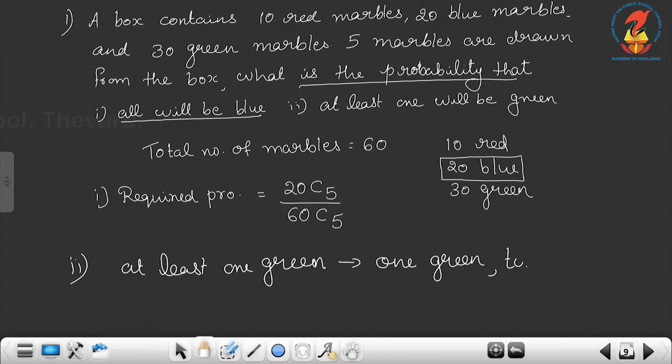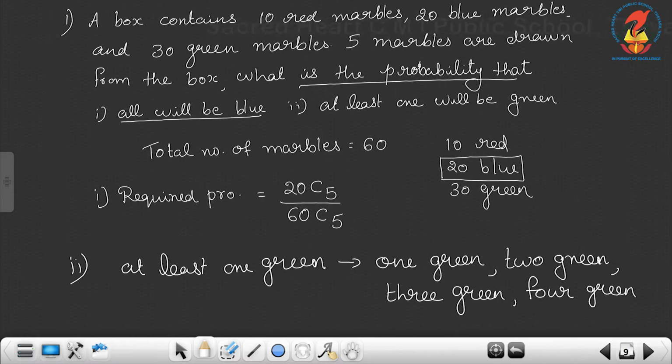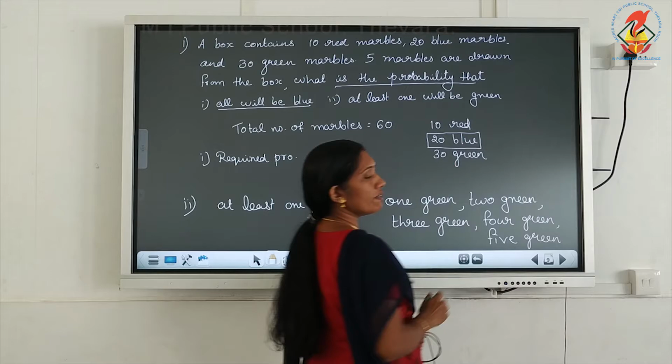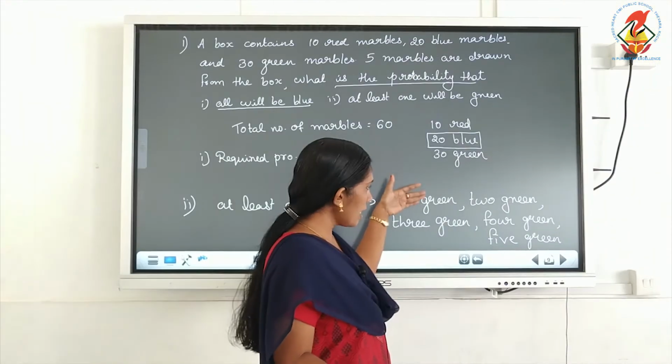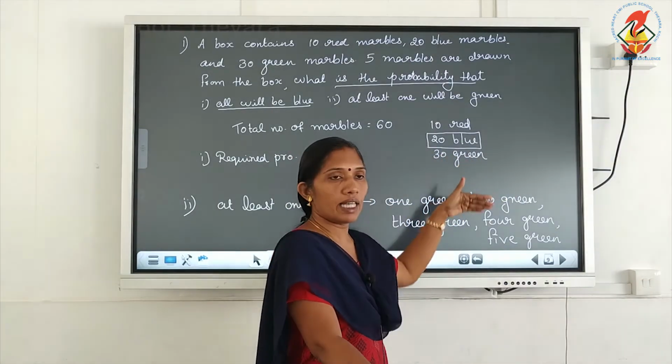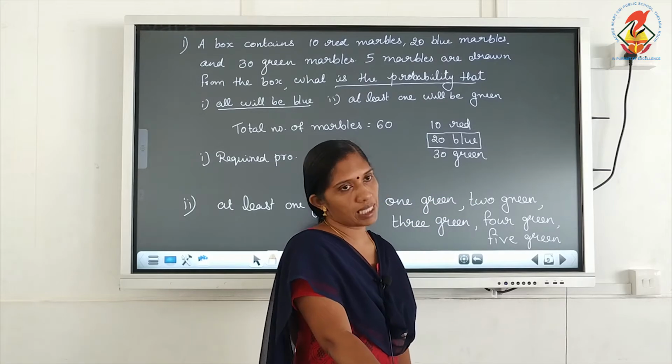Then the second case, 2 green, so 3 from the remaining 30, since 20 plus 10 is 30. Then 3 green, then 4 green, or all the 5 marbles green. So, there are 5 cases. Either this case or this case or this case, like that. So, in between you have to put a plus symbol.